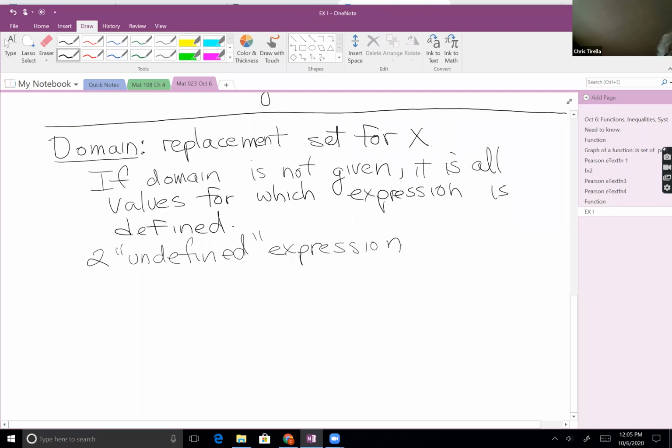are that we can't have a zero in the denominator, so it'll be undefined if the denominator is equal to 0.